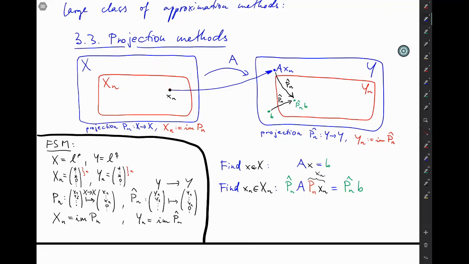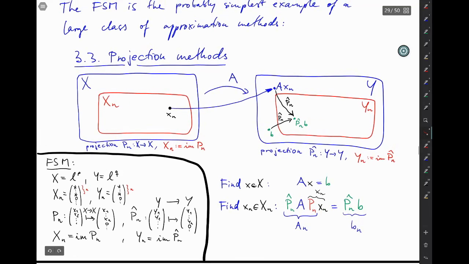And here we are in our setting of an approximation method. So this is the operator an, and this is the right hand side bn, and of course here we are looking for the solution, but now only in the subspace xn.